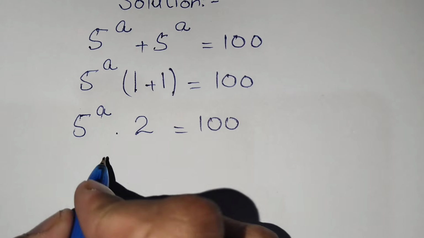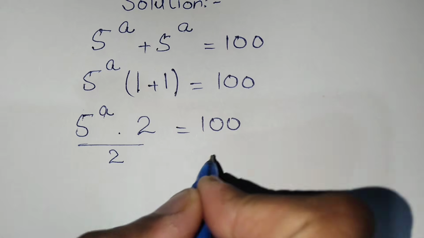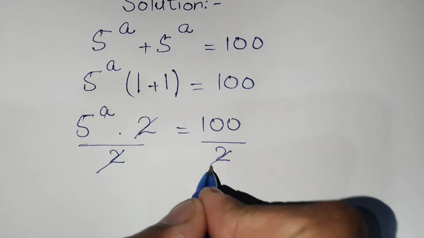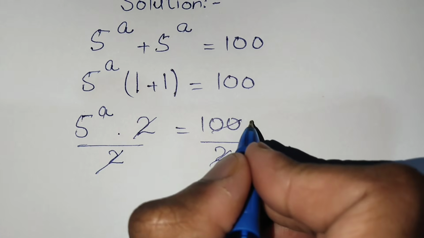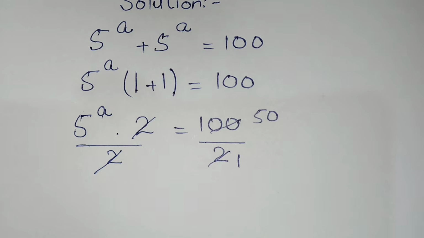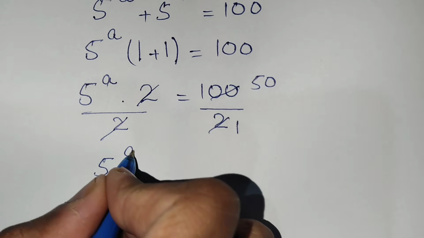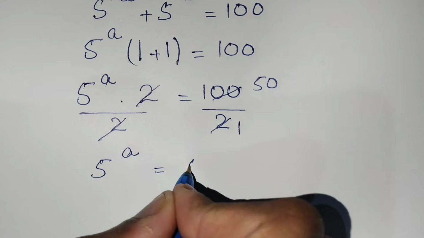Now divide 2 on both sides of the equation. Here 2 cancels with 2, and 2 times 50 is 100. So we get the simplified form of the equation: 5^a is equal to 50.